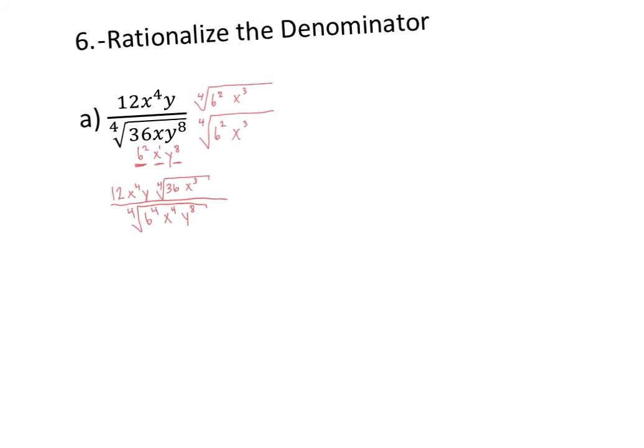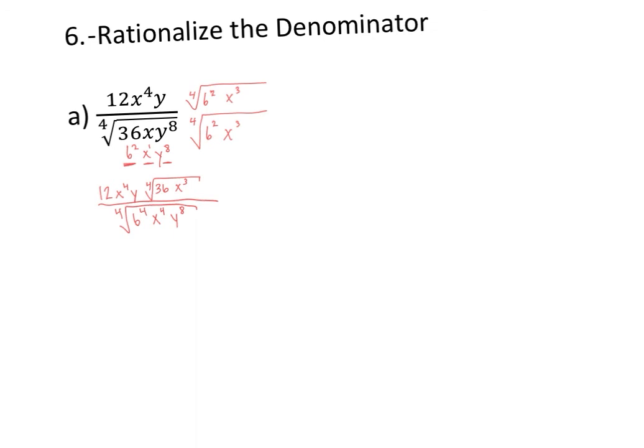Okay. Now what I'm going to do is I'm going to simplify that radical. It's a perfect 4th. So I have here 12 x to the 4th y, 4th root of 36x cubed, all over 6xy squared.